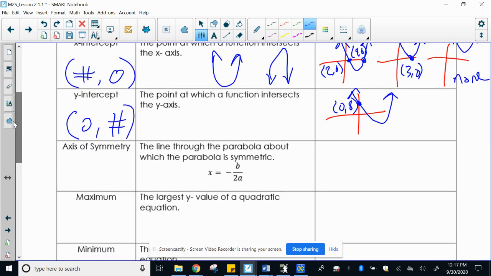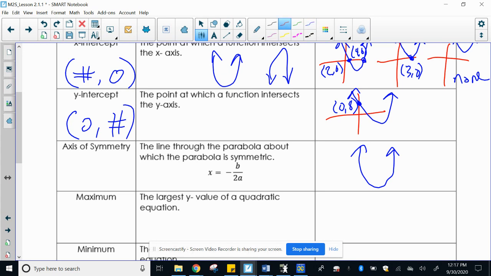All right. Next, we have the axis of symmetry. A quadratic function is always symmetric about a line that goes up and down. We call the graph of a quadratic a parabola. It's a fancy word for that U-shaped figure.